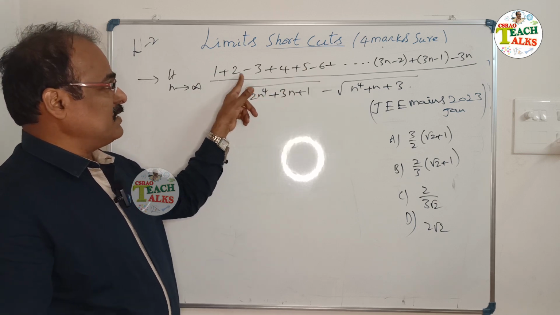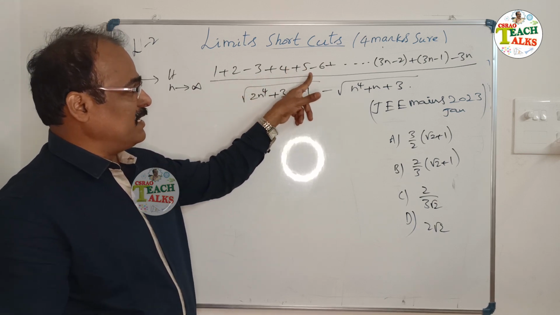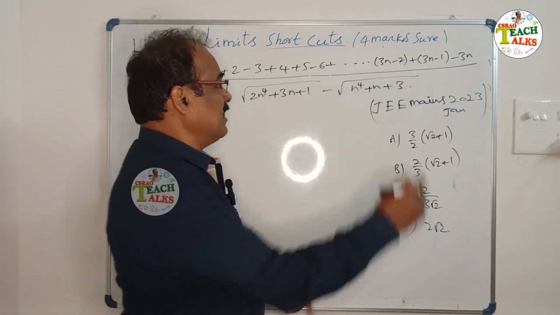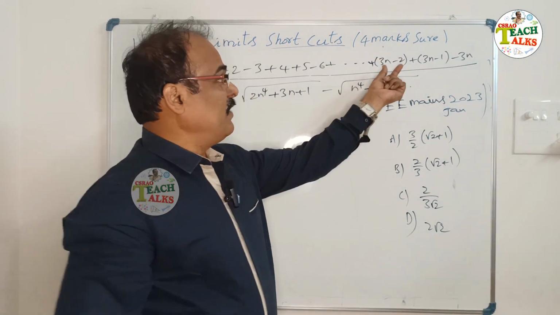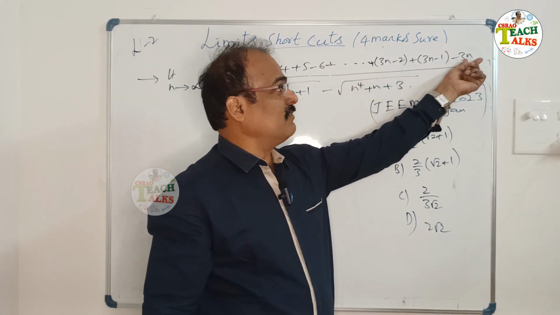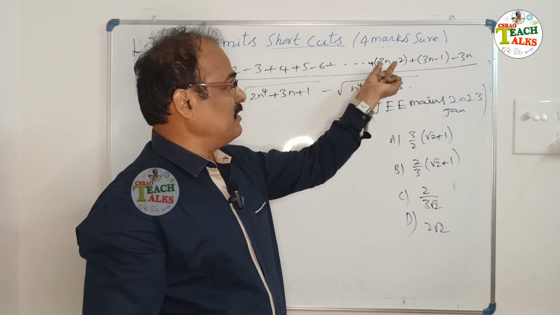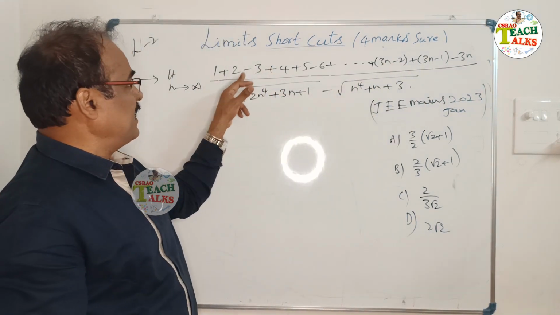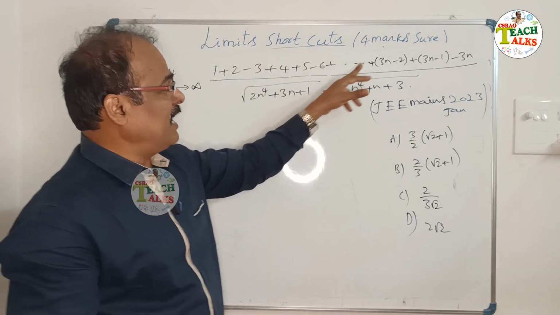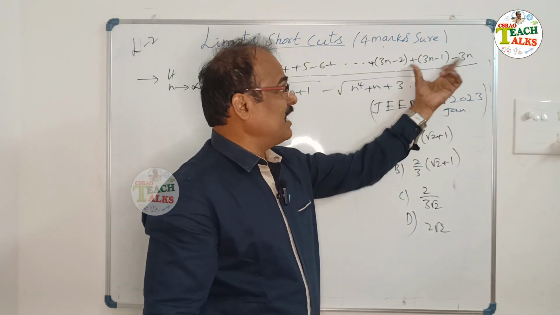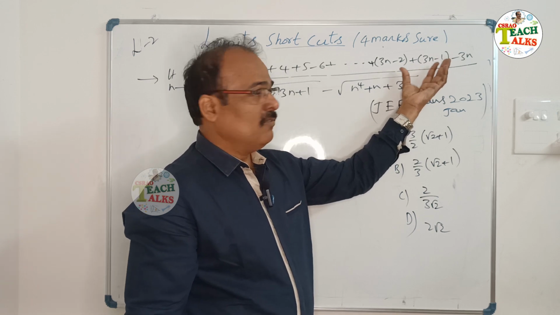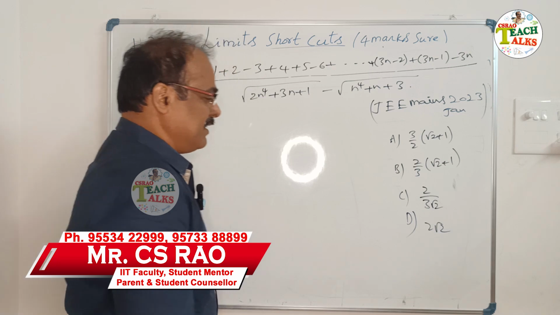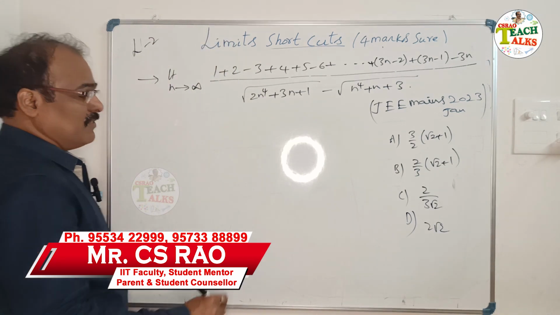The first two are plus, the third one minus, and the next two plus, then minus, like that. This is the nth term, which also has the first two plus and the last one minus. The nth term starts from first, second, third. Here first, second, third. Next first, second, third. This is the nth term we are going to take.